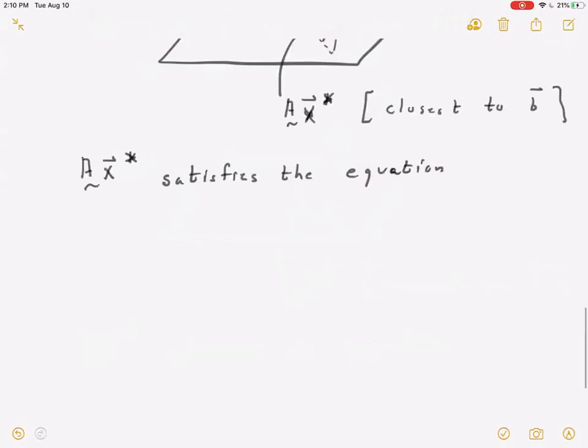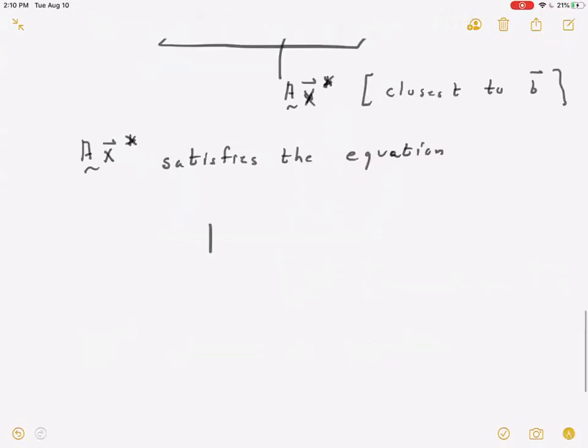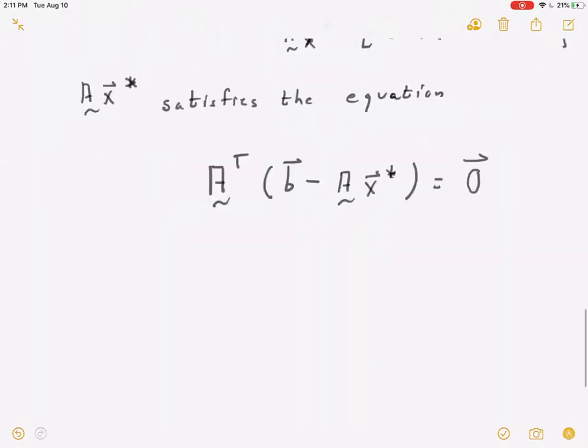Namely, the transpose of A times B minus A times X asterisk has to equal, in this case, the zero vector. Or you could rewrite this as A transpose A X asterisk equaling A transpose of B.